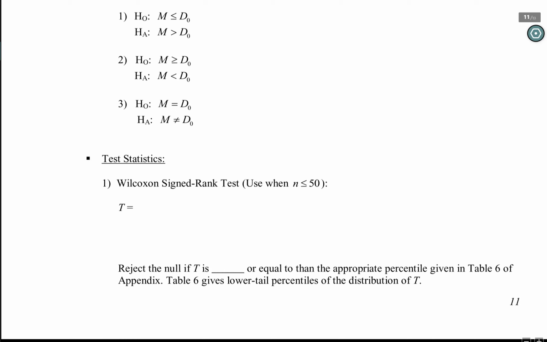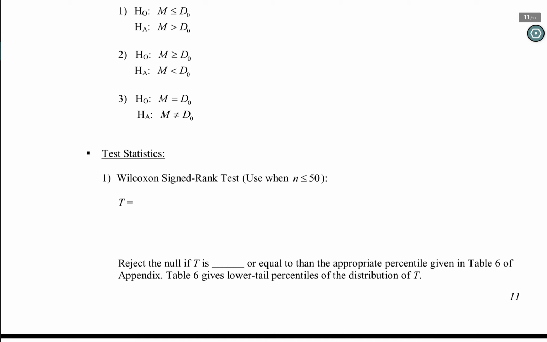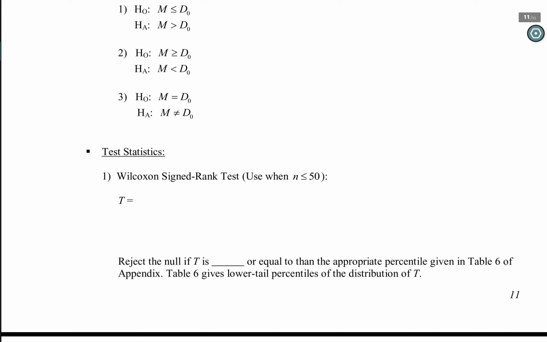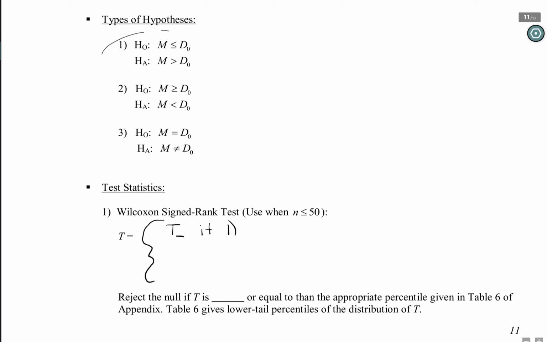But our test statistic for this Wilcoxon signed rank test, when n is small, that is when n is less than or equal to 50, according to the book's rule of thumb, is defined as follows. It's called T. Now, just because it's called T does not mean it's a student's T test statistic, but this T test statistic here is defined to be T minus if we're dealing with this kind of right tail test.